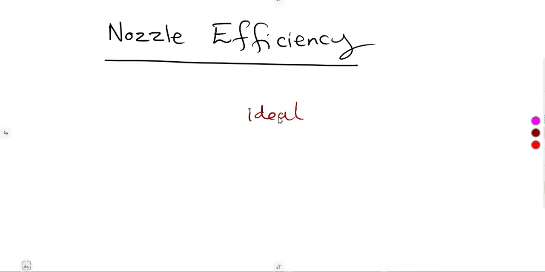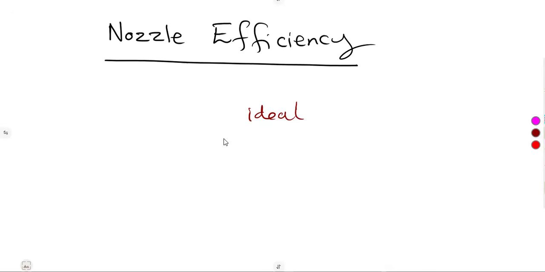The adiabatic expansion, where in this case efficiency will actually be 100%. Meaning there is no effect in terms of the friction.